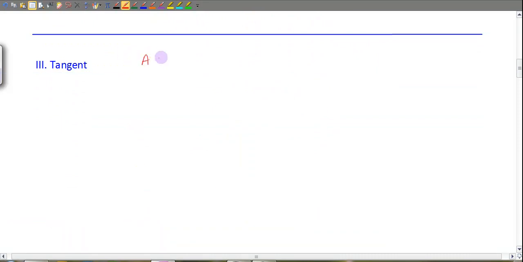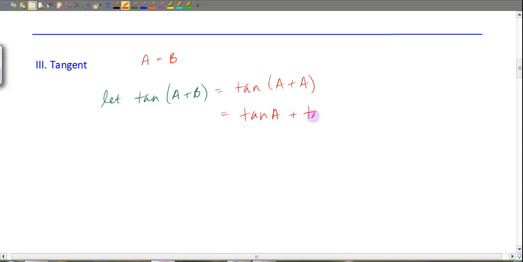If, again, I let A be equal to B, I'm going to start off with the tangent of A plus B, I can rewrite that as the tangent of A plus A. And using the sum identity for tangent, we have the tangent of the first plus the tangent of the second over 1 minus the tangent of the first times the tangent of the second.